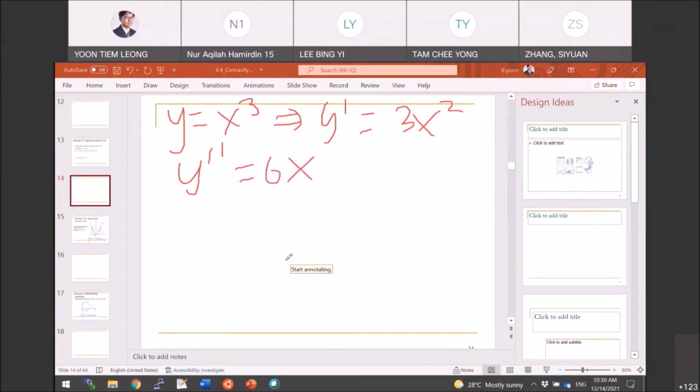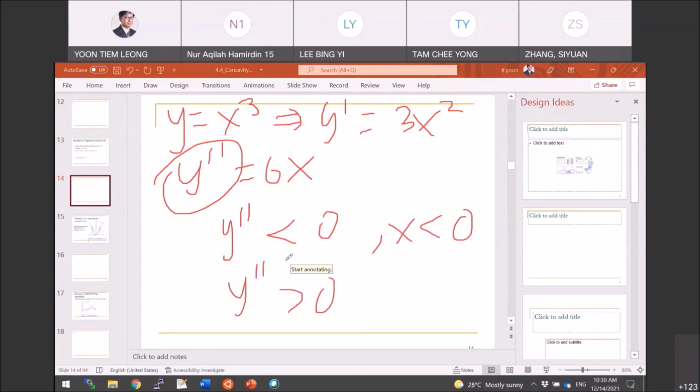So what we want is to check the sign of y double prime. It's obvious that the sign of y double prime is separated into two regions. That is, y double prime will be negative if x is negative, and y double prime is positive when x is positive. You agree with me?